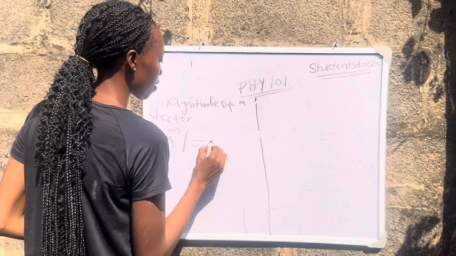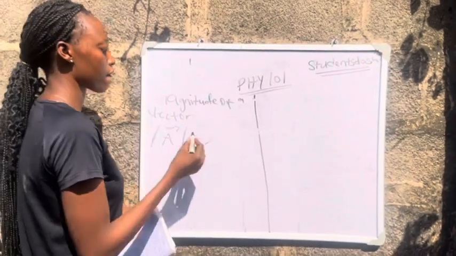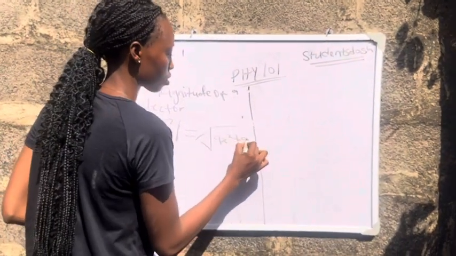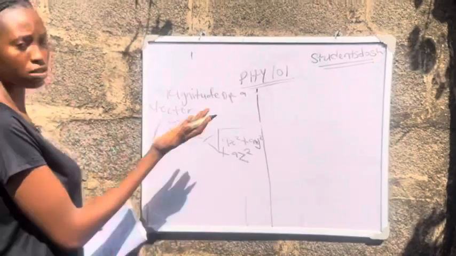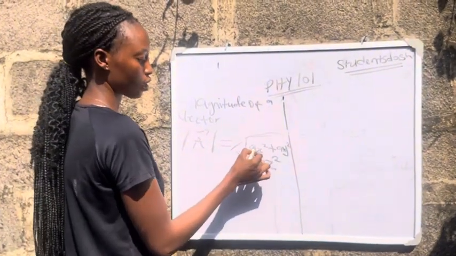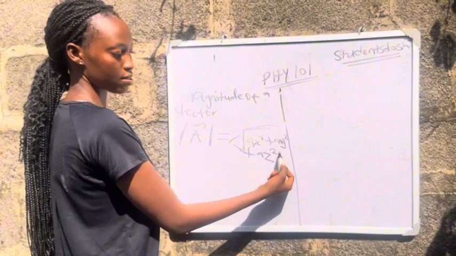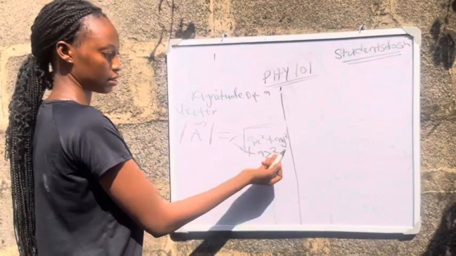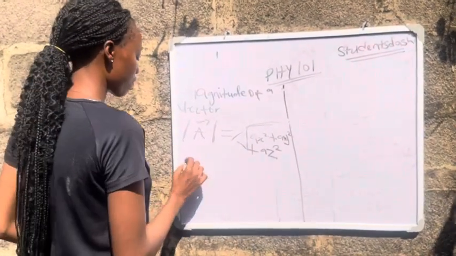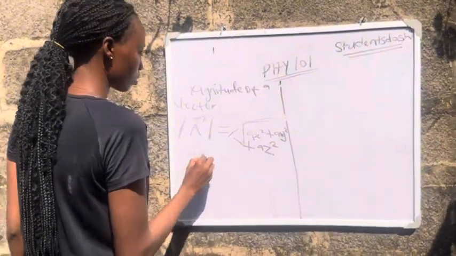And this is the formula for solving the magnitude of a vector: the square root of ax squared plus ay squared plus az squared. So let's give one problem.